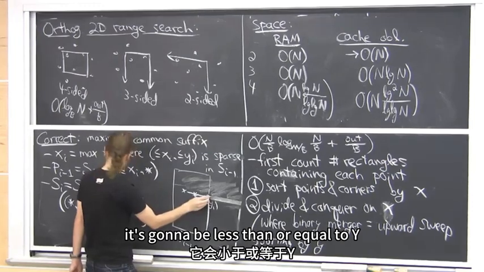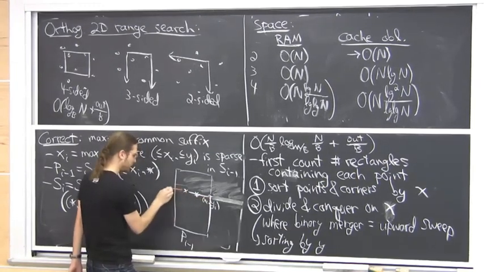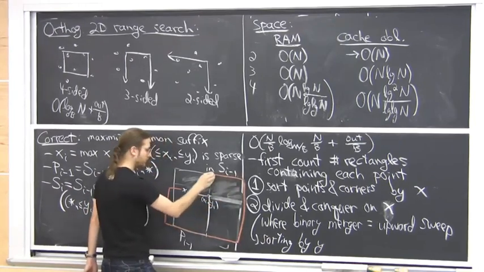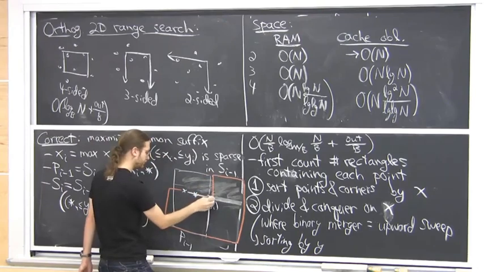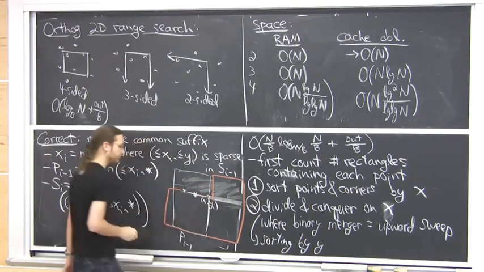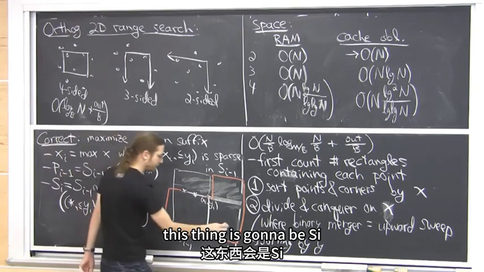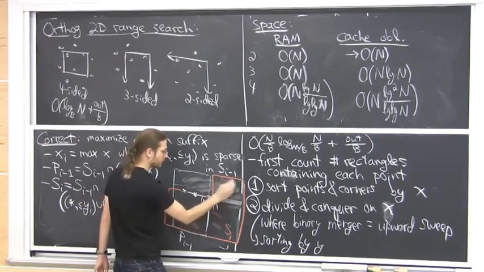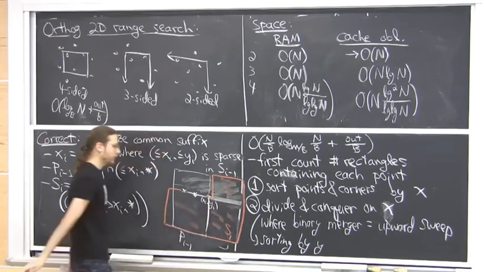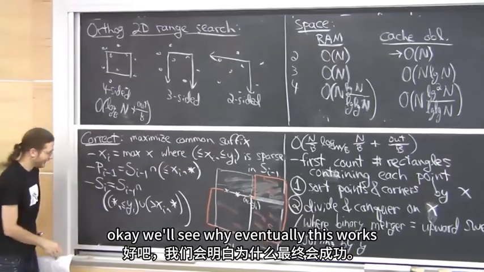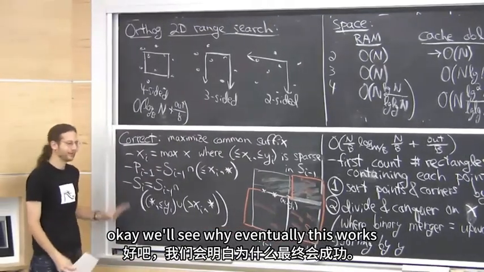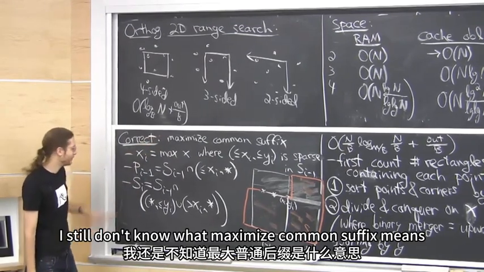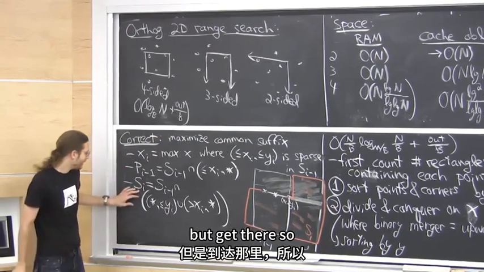It's going to be less than or equal to y. This thing is going to be si. Okay, we'll see why eventually this works. I still don't know what maximize common suffix means, but we'll get there.